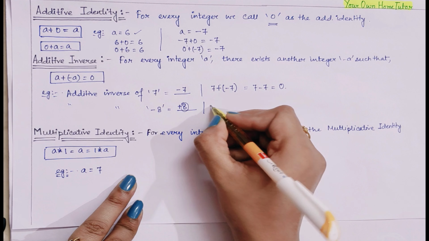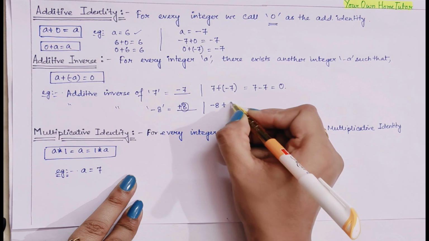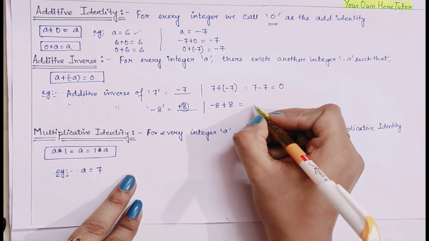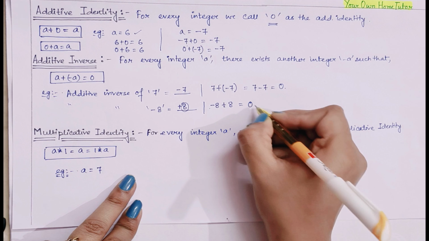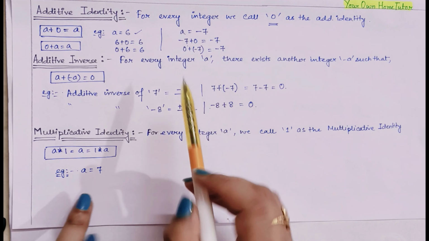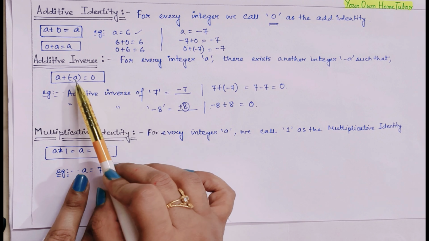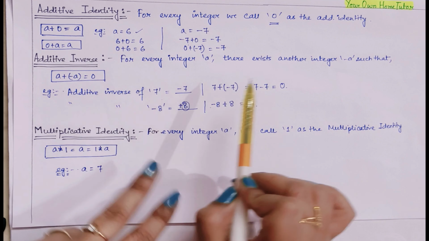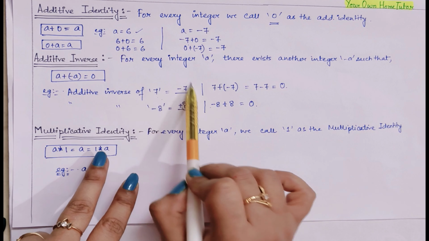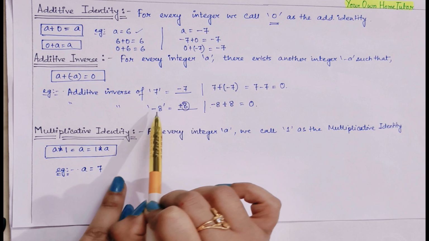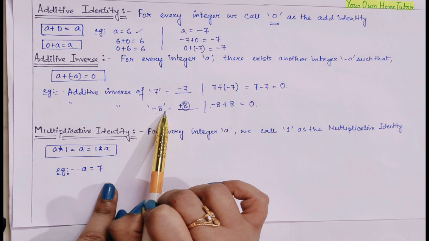If I do minus 8 plus 8, these are different signed integers, they will get subtracted and their values are same, so it will give me 0. So 0 is the additive identity, and to obtain the additive inverse, it will be the same number with the sign changed. If it is positive, it will become negative but the same number, and if it is negative, it will become positive but the same number value will remain.